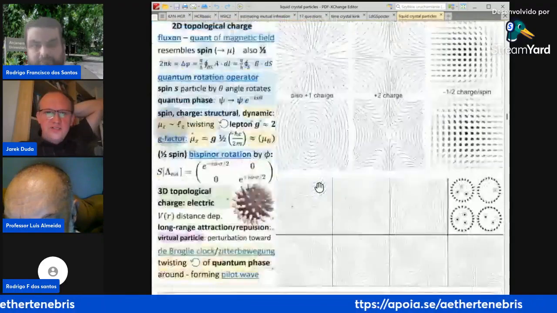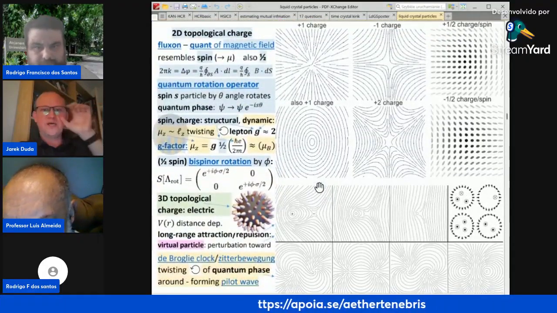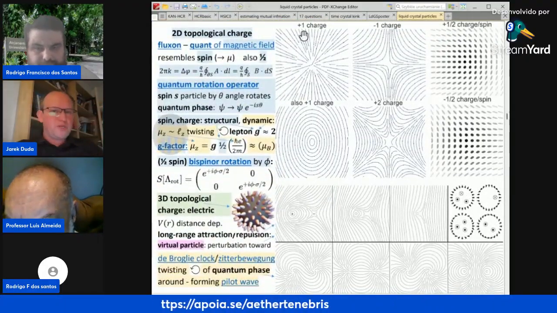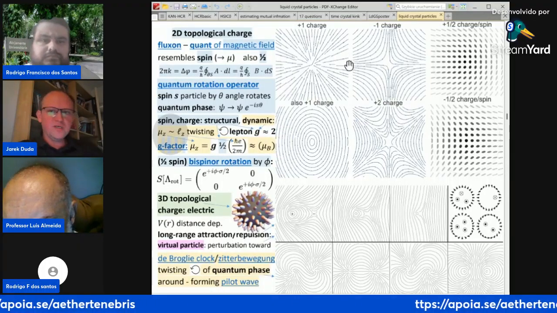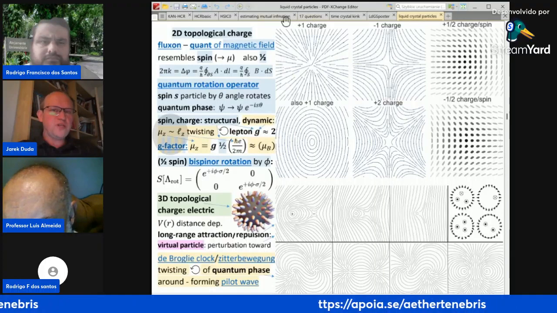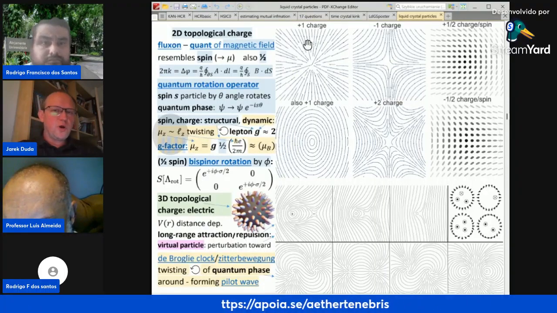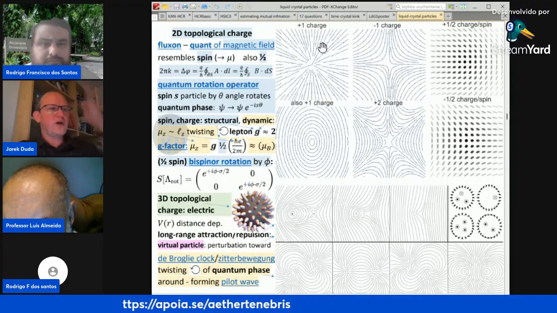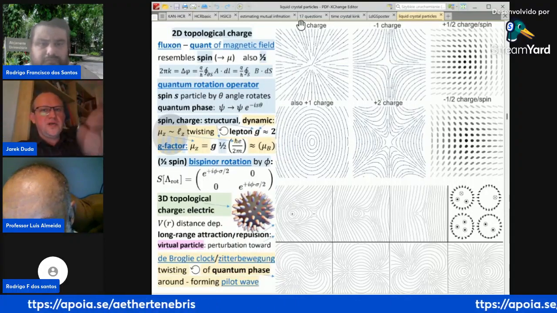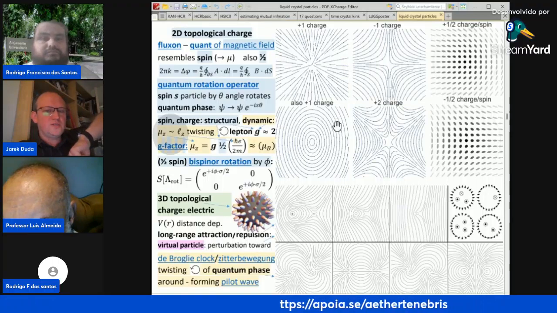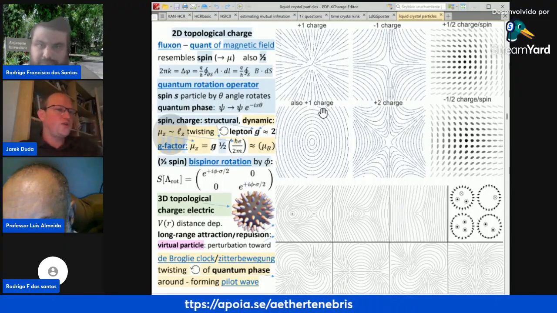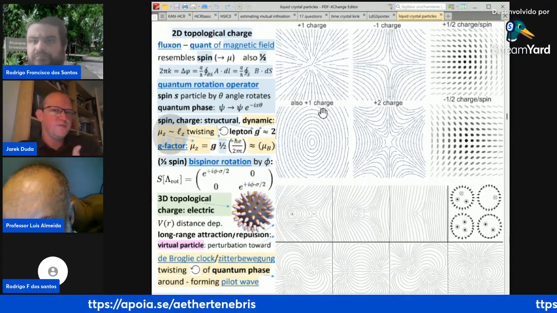Okay. So here are these topological charges. In 2 dimensions we have, let's say, a vector field, and to calculate the topological charge, we go around this singularity and count how many times the field rotates. Here the field rotates once when you go around. Here also once, but you change the total phase, like in gauge invariance.